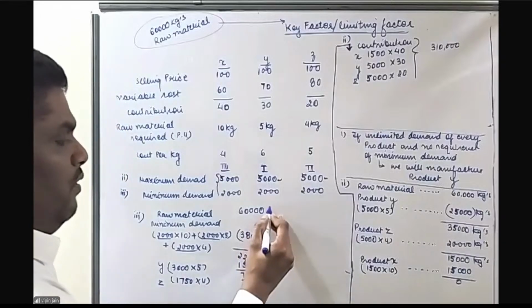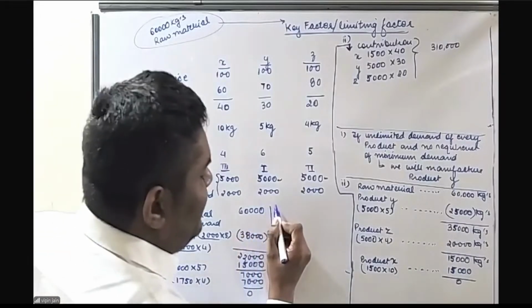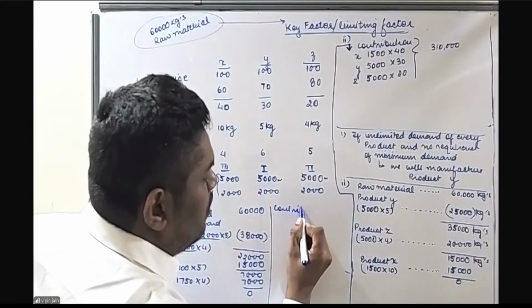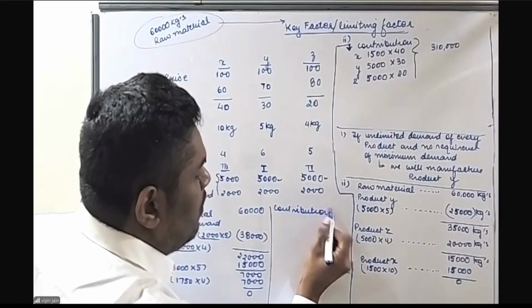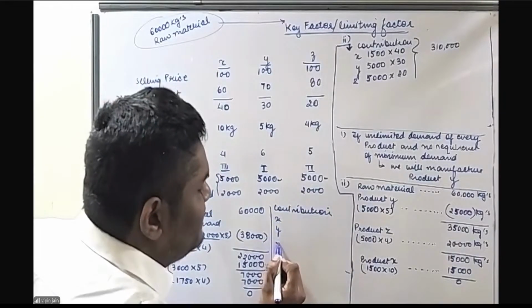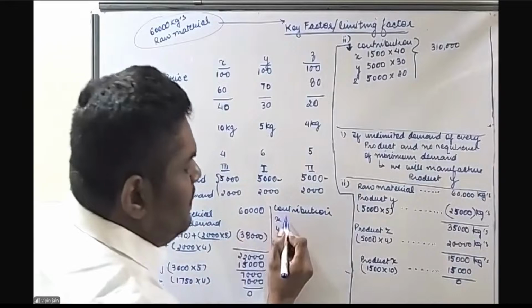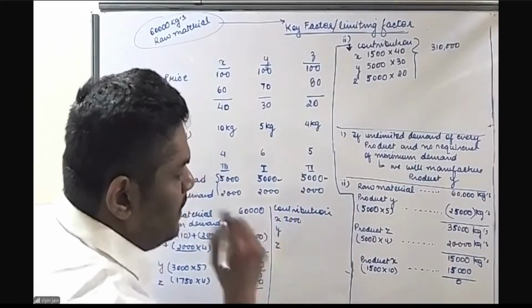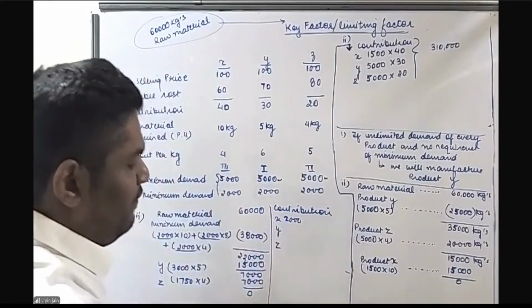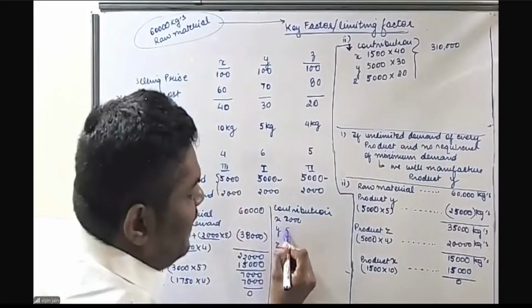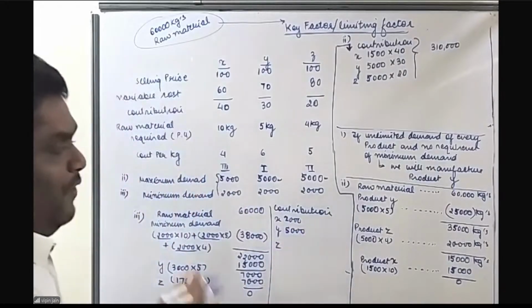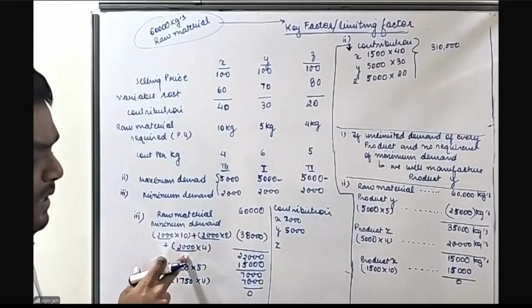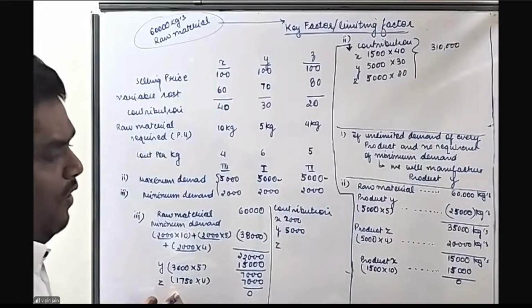So in short, for calculating contribution, for X we manufacture 2000 units. For Y, we manufactured 5000 units. And for Z, 2000 of minimum demand and 1750 of the remaining.